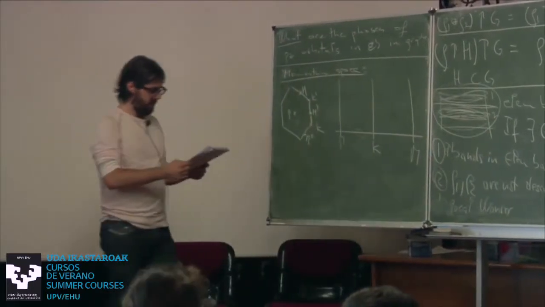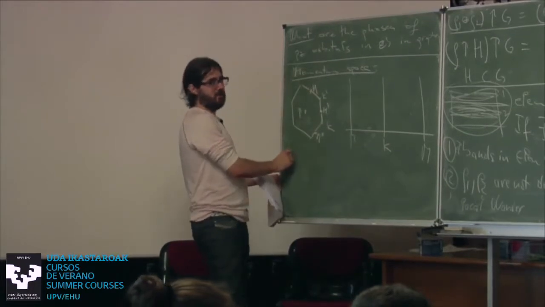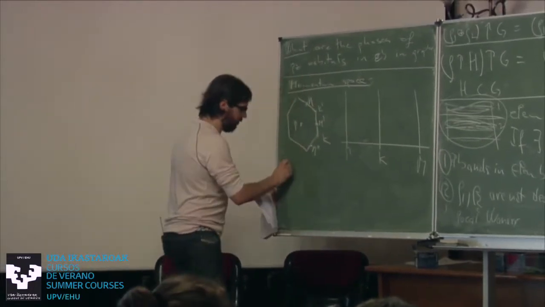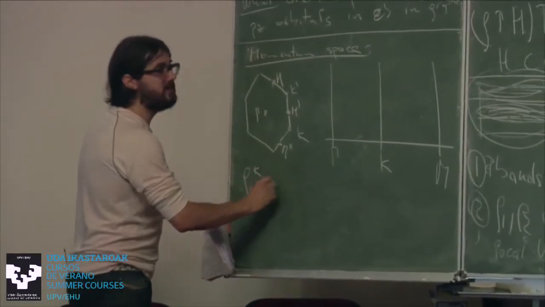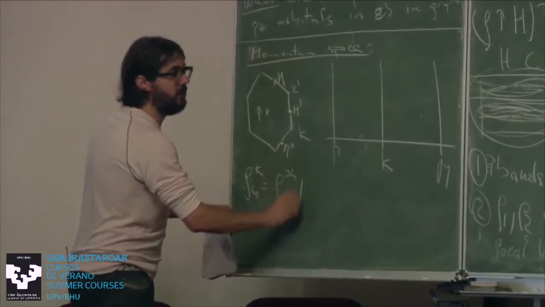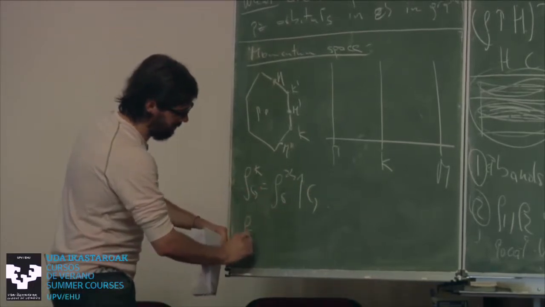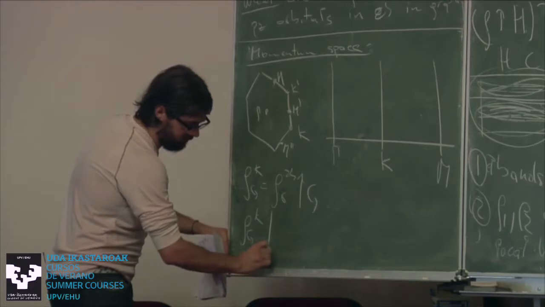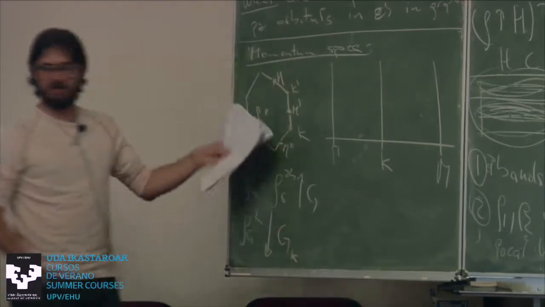So that is representation subduction, again, because I have all that they do at all K. This is rho 6 2b induced in G. But now I want to subduce it to the groups of some K points in the Brillouin zone.